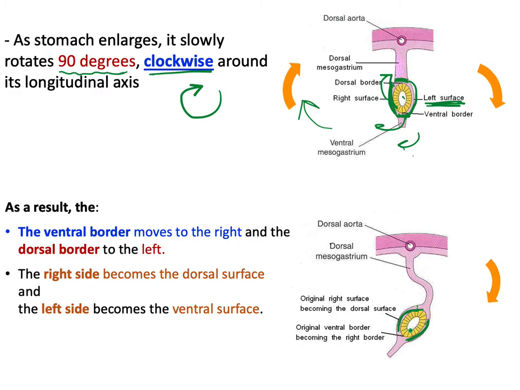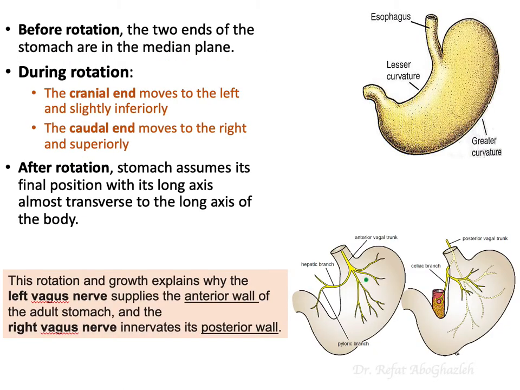What else? The ventral border moves to the right, because this is the right, this is the left. Look at it here. And the dorsal border moves to the left. This is the rotation of the stomach.